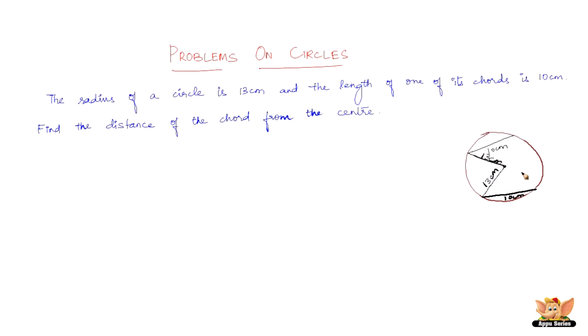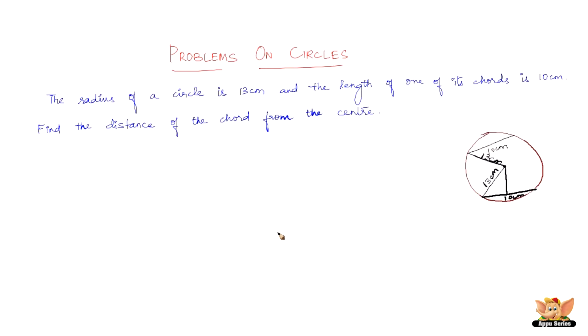So now we've used the data. The radius of a circle is 13 centimeters and the length of one of its chords is 10 centimeters. Now how do we use these two data to get the distance of the chord from the center? That means we need to get this distance from the center.